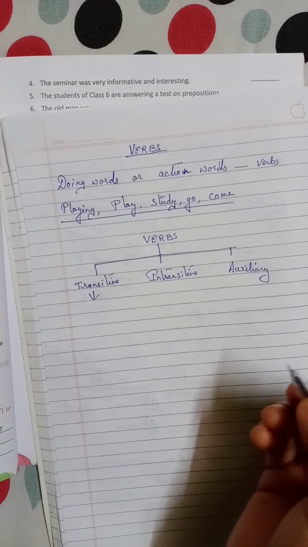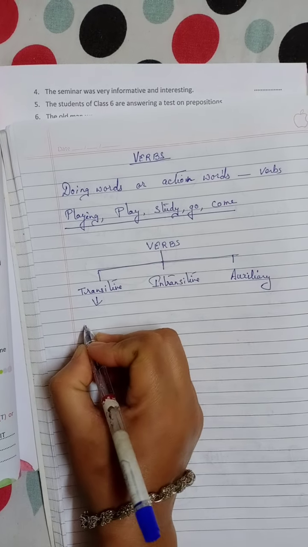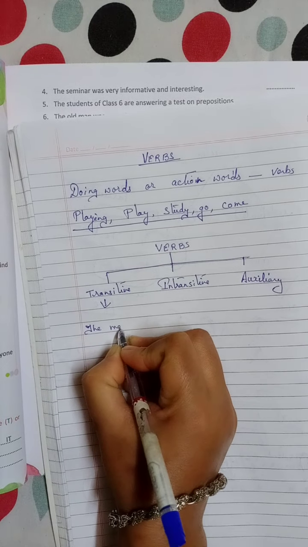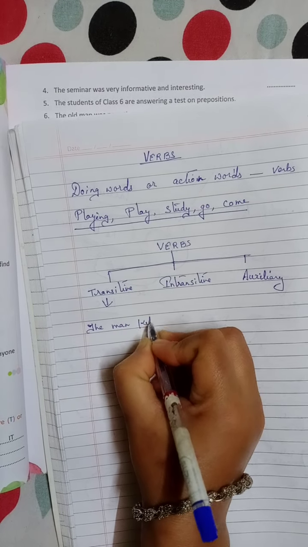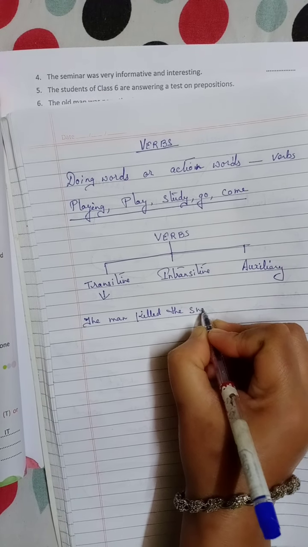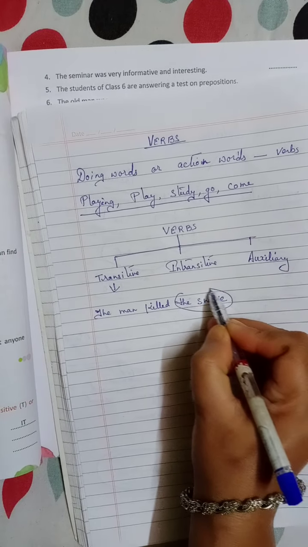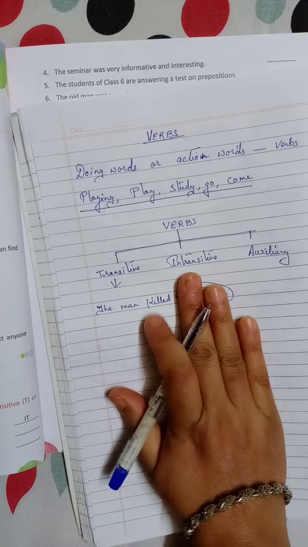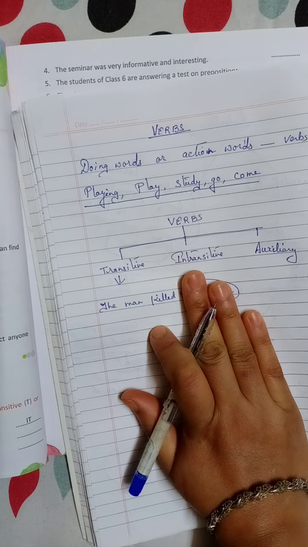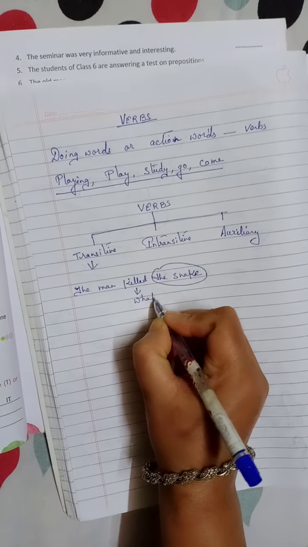You have done in class 5 what is a transitive verb. Just see the example. The man killed the snake. Now understand in this manner, if I hide this portion, the sentence is: man killed. The question arises, man killed what?